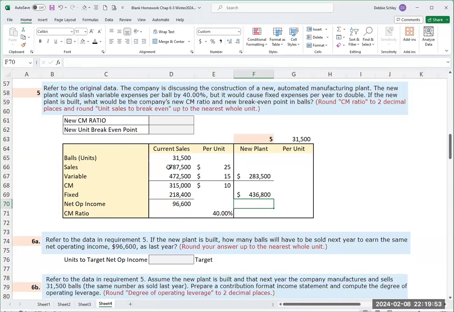Okay. So I'm back to my original number of balls, and they did not say that my sales changed. The only thing that changed was my variable and my fixed. My sales stayed the same. So the contribution margin equals sales minus variable.